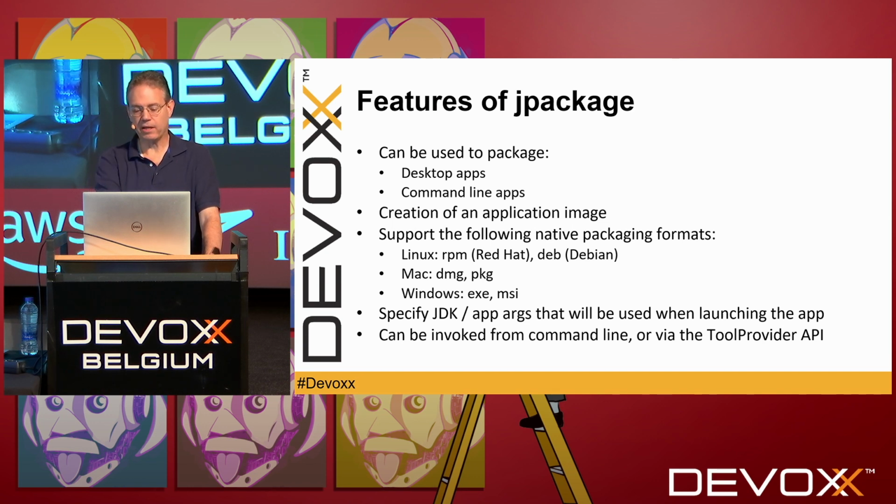And you can specify, and I'll show an example of that, the JDK and application arguments that you want used when you run your application. That way you can ship this installable application, have a user double click on it, and you've already specified what the heap size is, what other application or JVM arguments you have, anything you want. And I'll show an example of doing that with a splash screen.